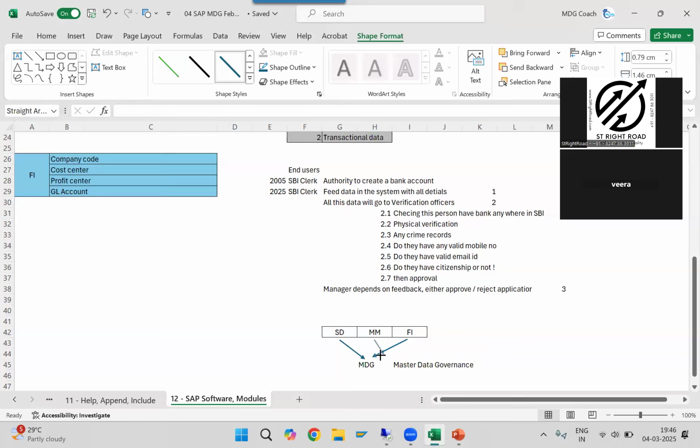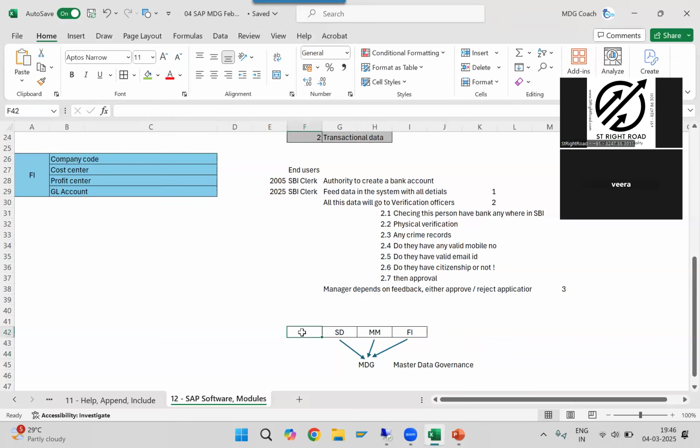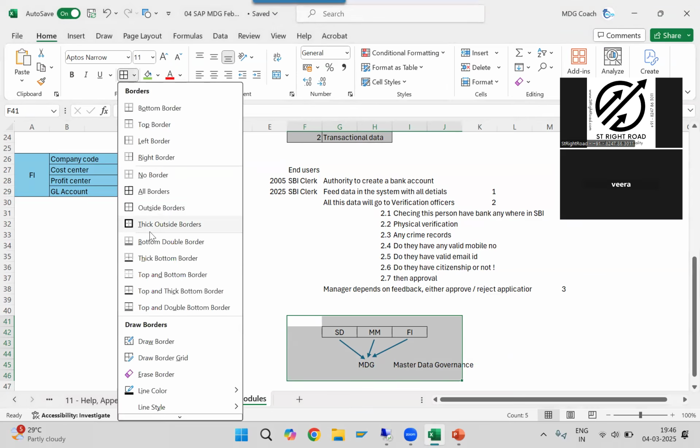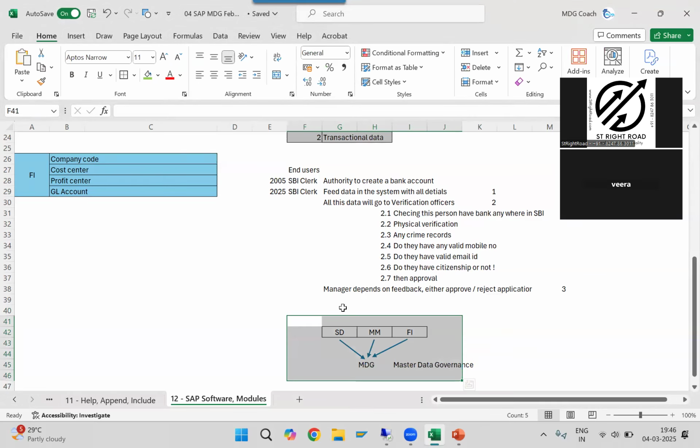Whenever we are working with MDG, we should have a basic knowledge of all these things: SD, MM, FI. So what is the source for all these modules? They want to store some data in the backend, and they want to retrieve the data from the backend. For all these things, the base is the data dictionary.